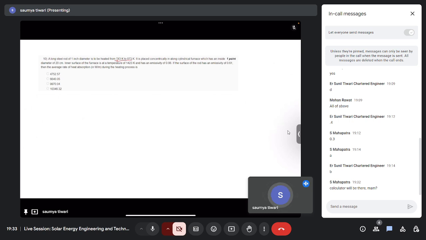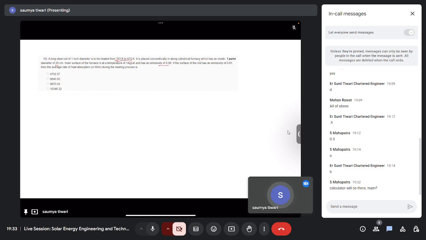So coming to this question, a long steel rod of 1 inch diameter is to be heated from this particular temperature to 873 Kelvin. It's placed concentrically in a long cylindrical furnace which has an inside diameter of 20 centimeter. The inner surface of the furnace is at this temperature and has this emissivity.